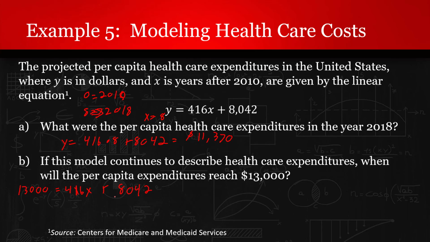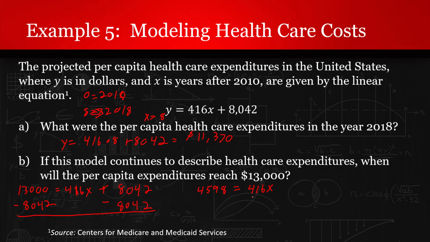The first thing we want to do is isolate the term with an x in it, and we can do that by subtracting 8042. 13,000 minus 8042 is going to be equal to 4598, and that will be equal to 416x.